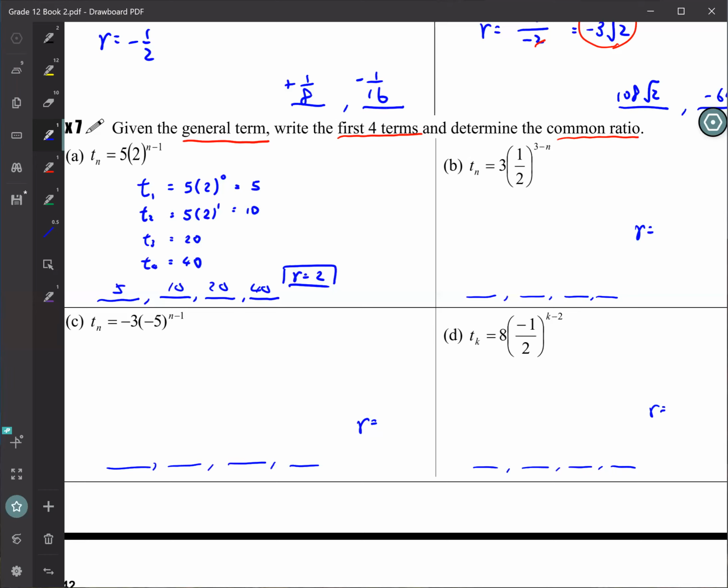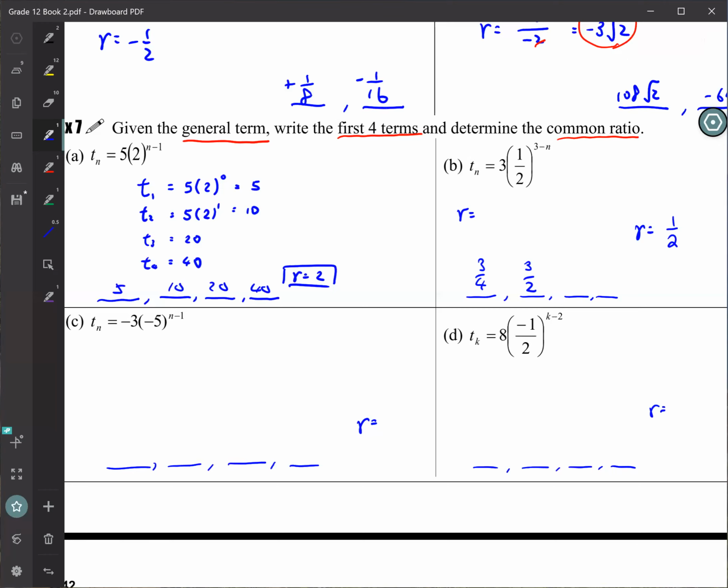R is 1/2. How did you know R is 1/2? I got the first and second term. Okay, can you tell me the first 2 terms first? 3/4 and 3/2. How did you get 1/2 then? I divided. Divided, okay. Can you tell me which one divided by which one?